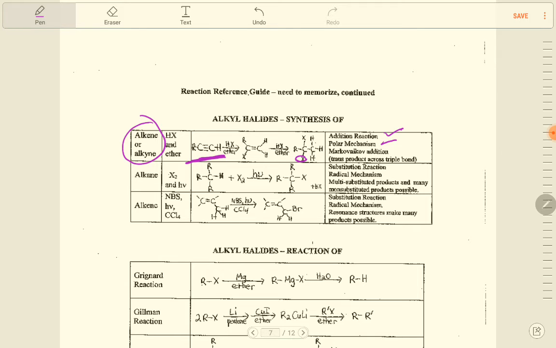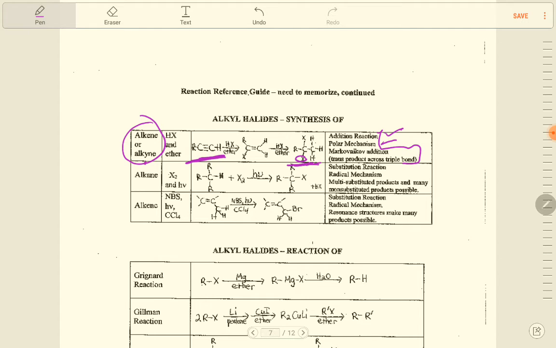So basically an alkyl halide. So how do we prepare an alkyl halide? We start with an alkene or alkyne, and then add HX and ether, and this is the sequence we follow in order to get the alkyl halide here.